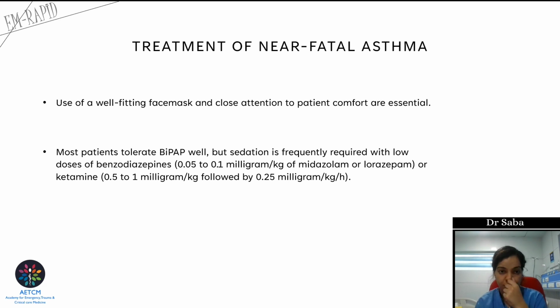So most patients will tolerate BiPAP, but sedation is frequently required if they are not very cooperative, with low doses of benzodiazepines, generally 0.05 to 0.1 milligram per kg of midazolam, or ketamine can also be given as a sedative agent just to calm the patient down as an anxiolytic.